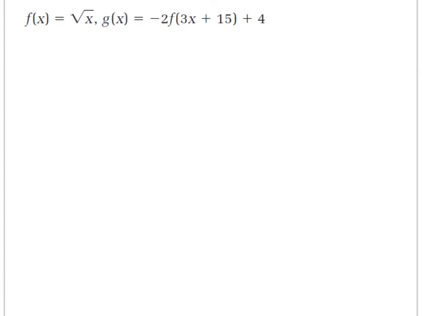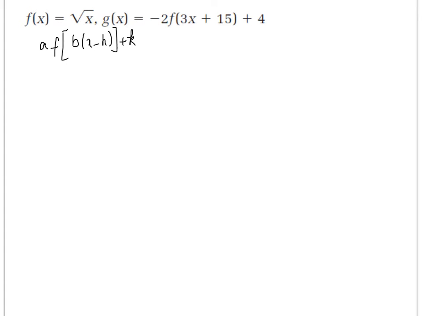The next question is: f of x is the square root of x, and g of x is negative 2 f of 3x plus 15, plus 4. First of all, if you remember, the general form for the transformed function is a times f of b times x minus h, plus k. But this form has 3x plus 15, so we have to make sure the coefficient of x is 1.